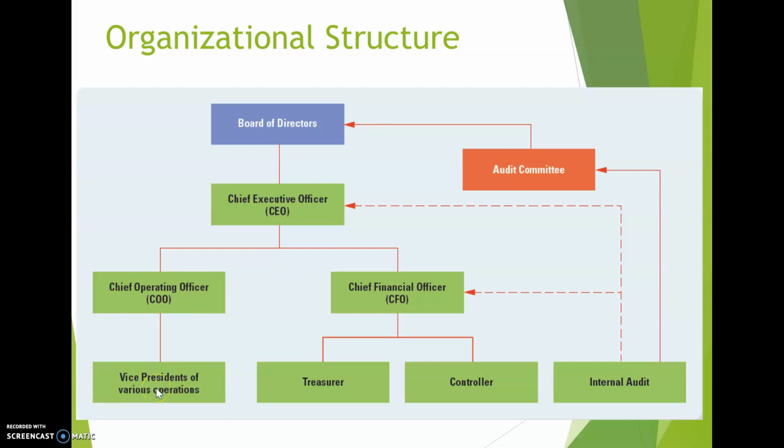There will be various vice presidents reporting to the COO about the operations. The CFO handles the financial side, right? The treasurer is going to report to the CFO. The treasurer is in charge of the cash management for the company. The controller is in charge of the financial reporting, right? They go and they compile and they put together the financial statements, right?